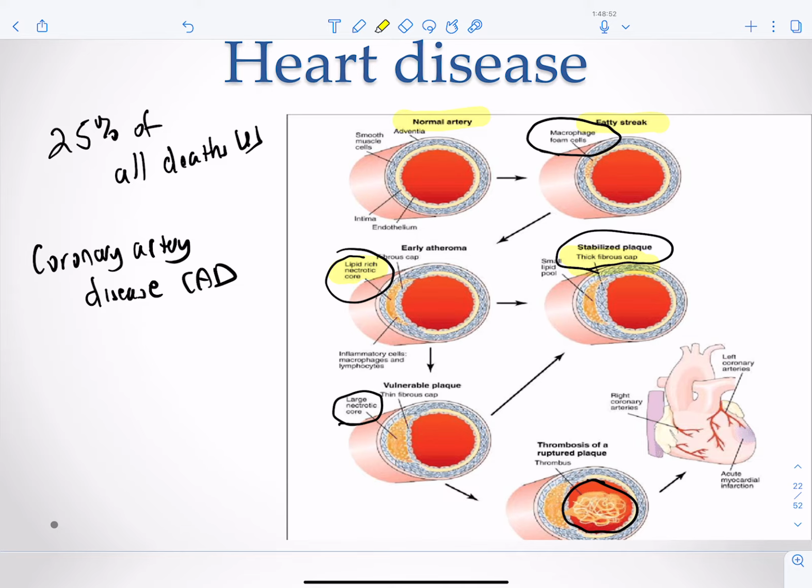And so you start to get a fibrous cap. And then you get a larger necrotic core as your cells die more. And then eventually you're going to get a thrombus, which is a ruptured plaque. And the thrombus, of course, can lodge itself into smaller blood vessels, and it causes a blockage.